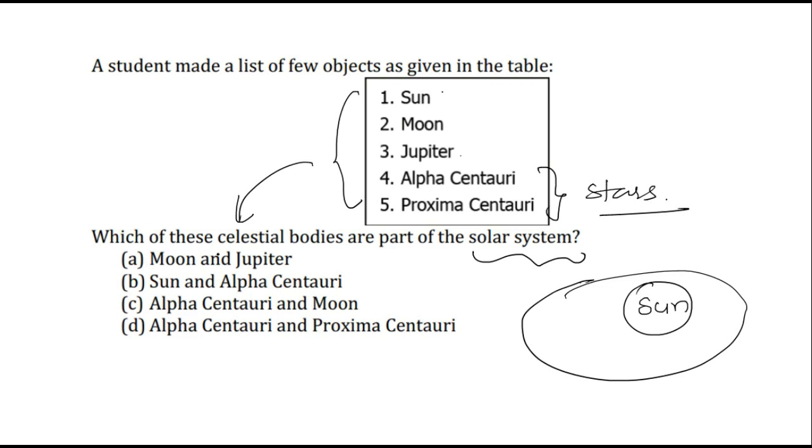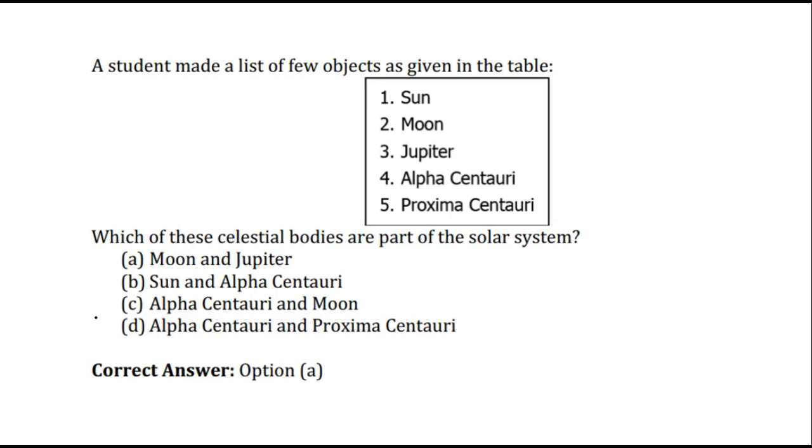Moon and Jupiter: Moon revolves around the Earth, and while revolving around the Earth, it revolves around the Sun also, and Jupiter being a planet revolves around the Sun. So this is the correct answer, whereas Alpha Centauri is a different star. This also is a star. A star is just far away from the Sun. It doesn't revolve around the Sun. That's why these are not part of our answer. The correct answer is A.